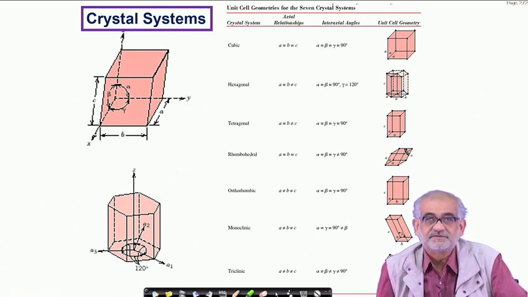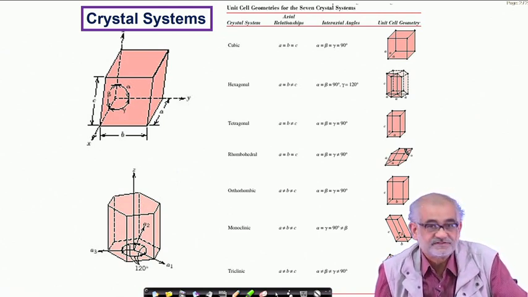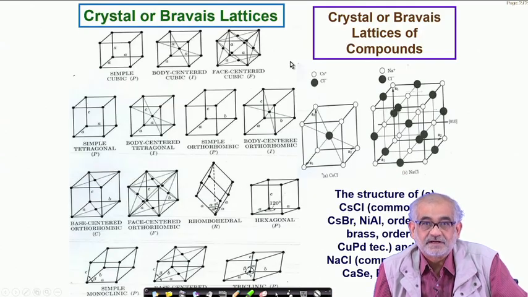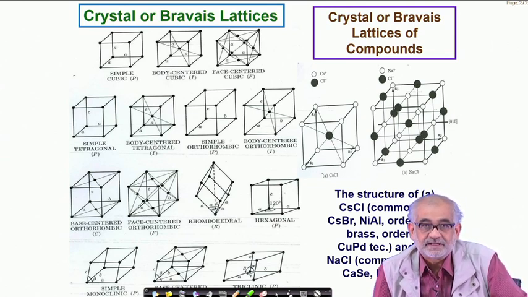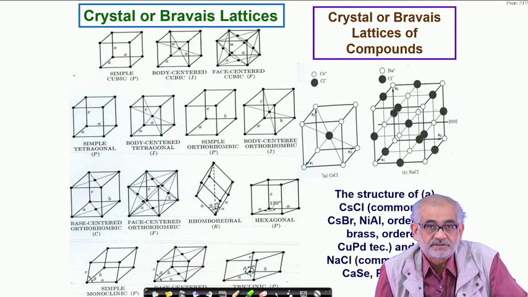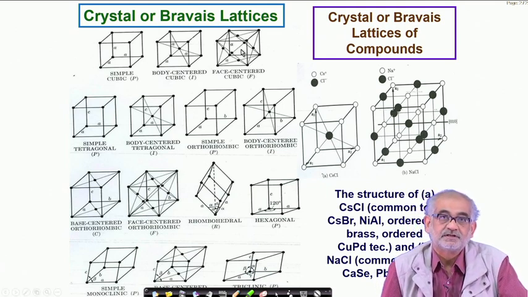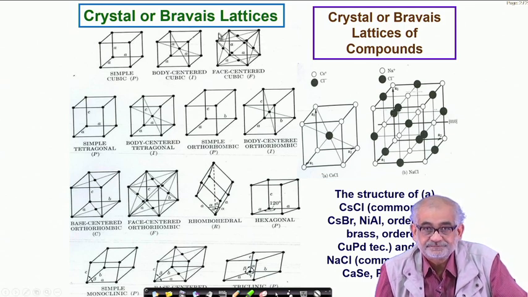Again, this is something which comes straight from your class 12 physics, so we don't need to go into details of it. But what is important for us to know is that all crystalline materials will belong to one of these 7 possible crystal systems. But we must now clarify that when we talk of crystal systems, we are talking about atoms or molecules or ions which are allowed to sit only at the corners and not in the non-primitive sites, which could be the body center, base center, or face centering positions.